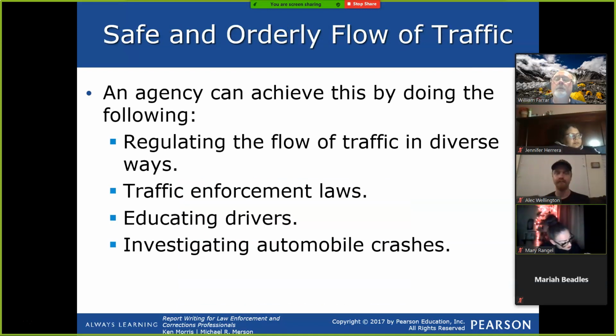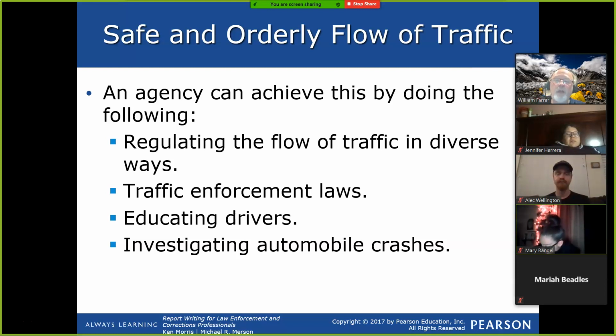So, again, the reason for working traffic is a safe and orderly flow, making sure that the traffic is flowing the way it should. Agencies can achieve this by regulating the flow of traffic in diverse ways, which means traffic enforcement, educating drivers, or even investigating automobile crashes.